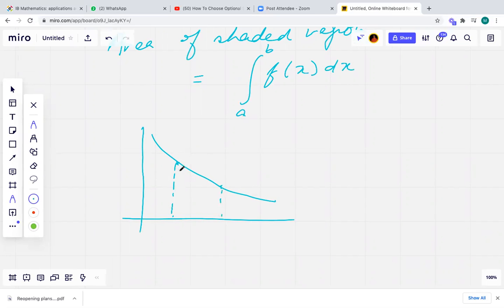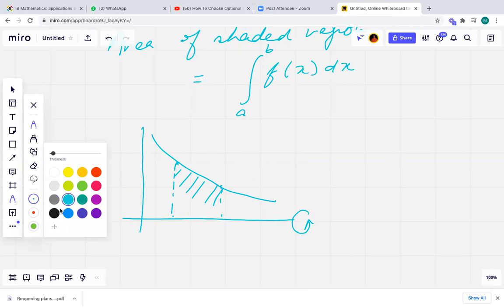Now if this much area was to revolve around the x-axis, it looks like this. If it will revolve around the x-axis, it will go like this.